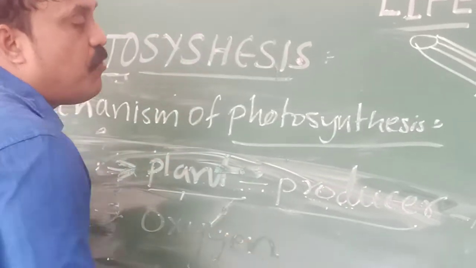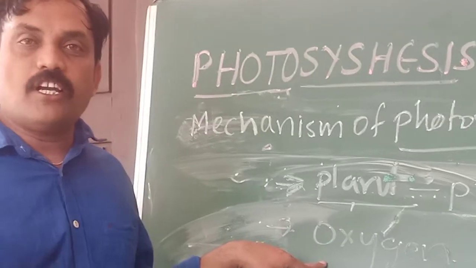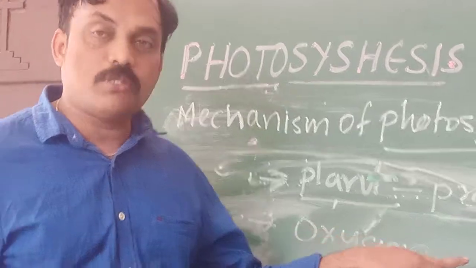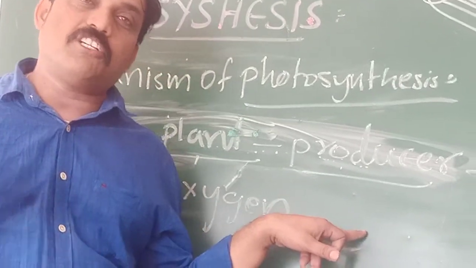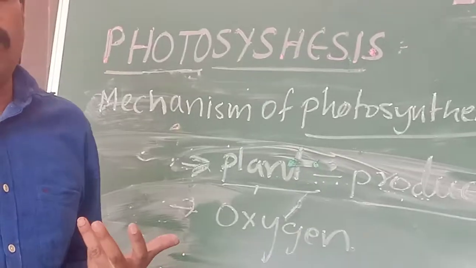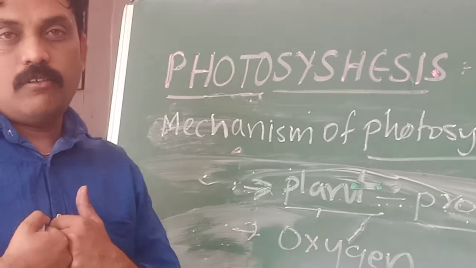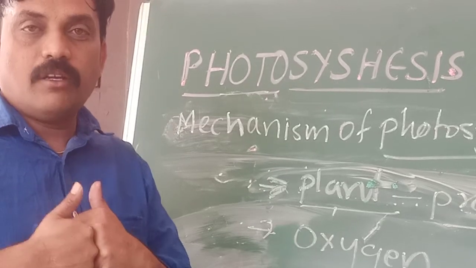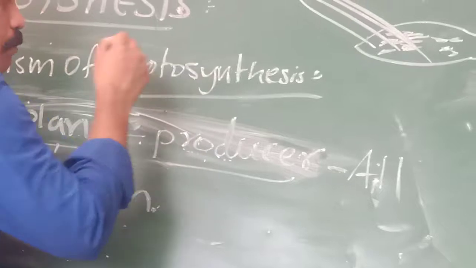In the process of photosynthesis, 6CO2 plus 12H2O, in the presence of sunlight and chlorophyll, gives C6H12O6 plus 6H2O plus 6O2. It is evolved. Without plants, we will not get oxygen in a proper way. Oxygen is very important for respiration, for breathing in animals. Oxygen is provided by plants.